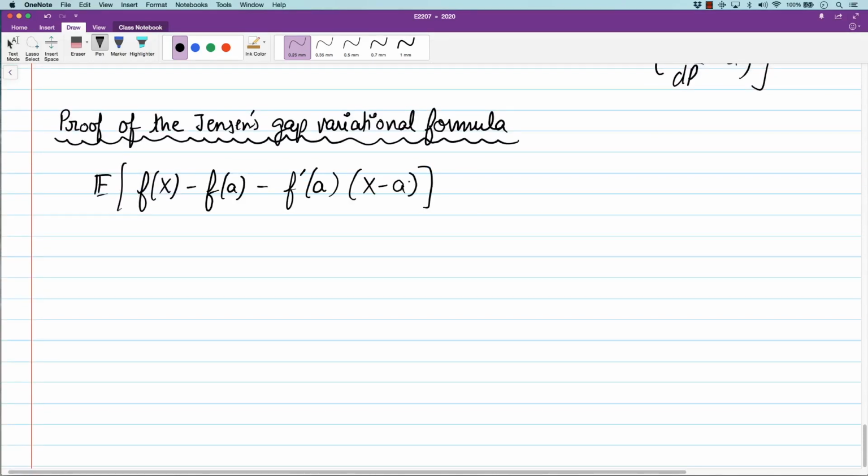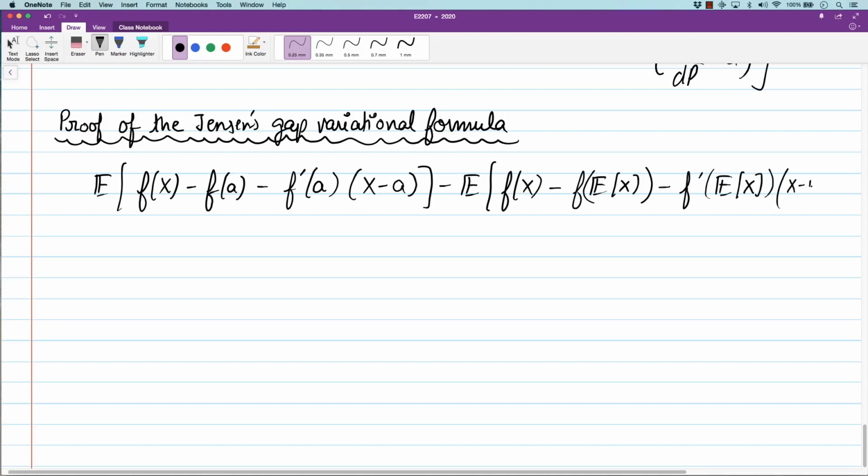That's something we would like to claim exceeds the other thing: f(x) minus f(expected value of x) minus f'(expected value of x) times (x minus expected value of x). We would like to claim that this whole thing is non-negative.